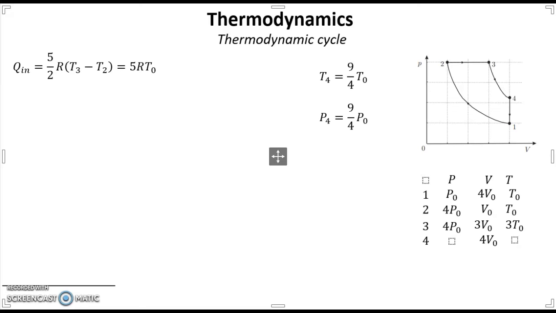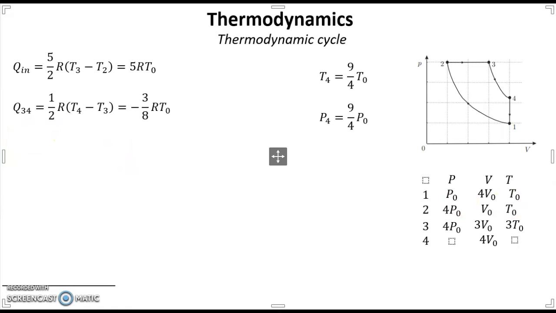We have heat capacity 1/2 R, and the temperature difference T4 minus T3. So this is our formula. Finally, we use this table. We use temperature T4 equal to 9/4 T0, and we get minus 3/8 R T0 during this process. So this is Q out.